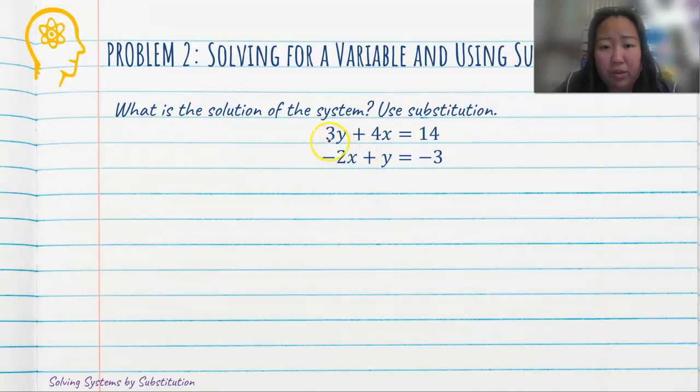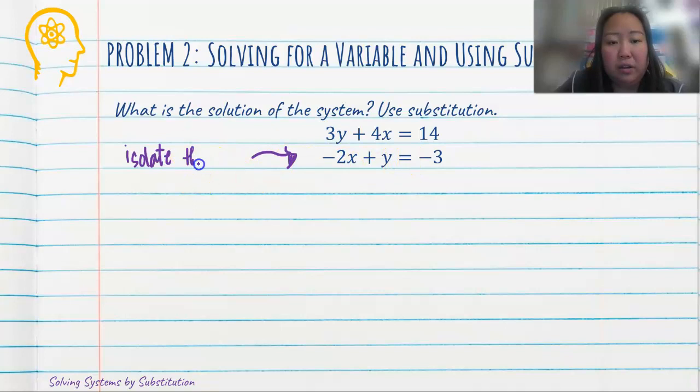Okay, if you see you have 3, you have 4, -2, and no number in here, which is technically a 1. So it means this second equation here is to be used. Okay, so in our case, isolate the variable by itself. Okay, so isolate the y. Okay, so that's what we will do.